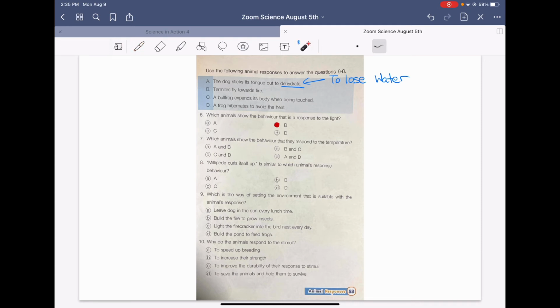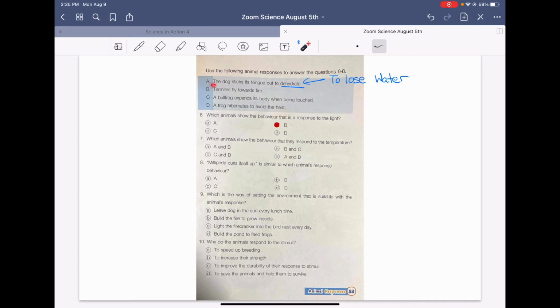All right. Which animals show the behavior that they respond to temperature? Temperature. A frog hibernates to avoid the heat. Heat means it's hot.